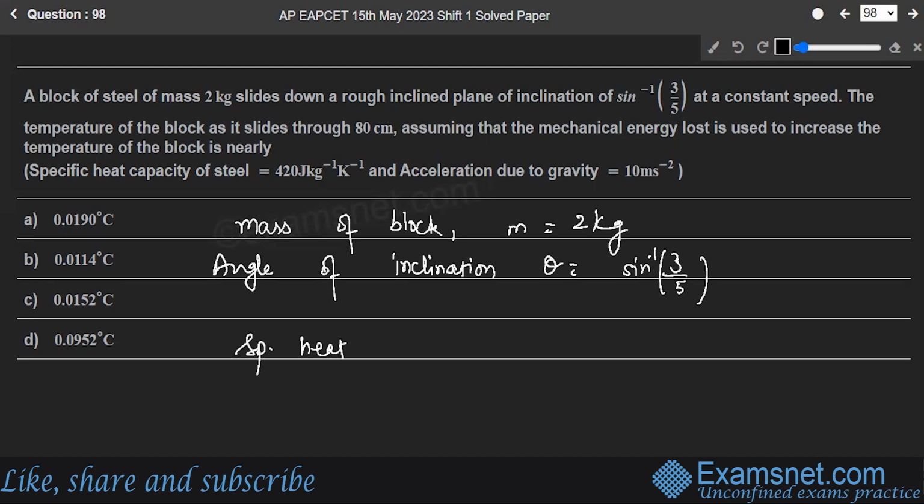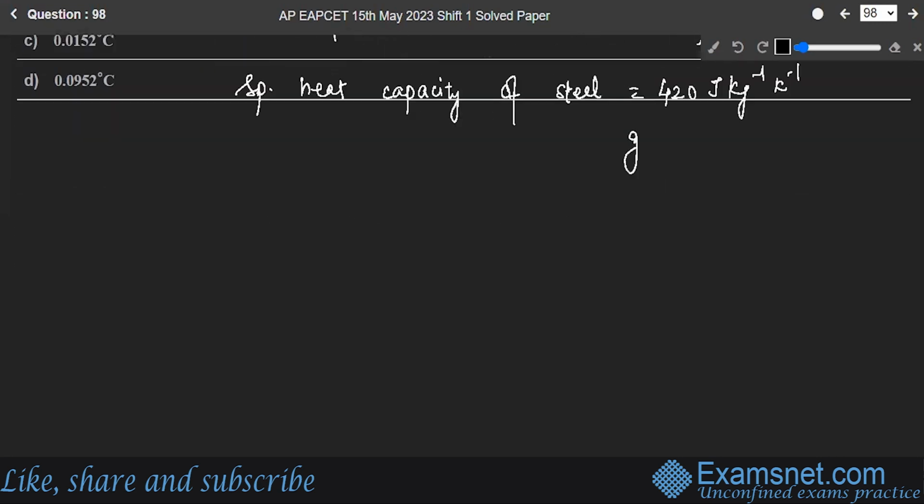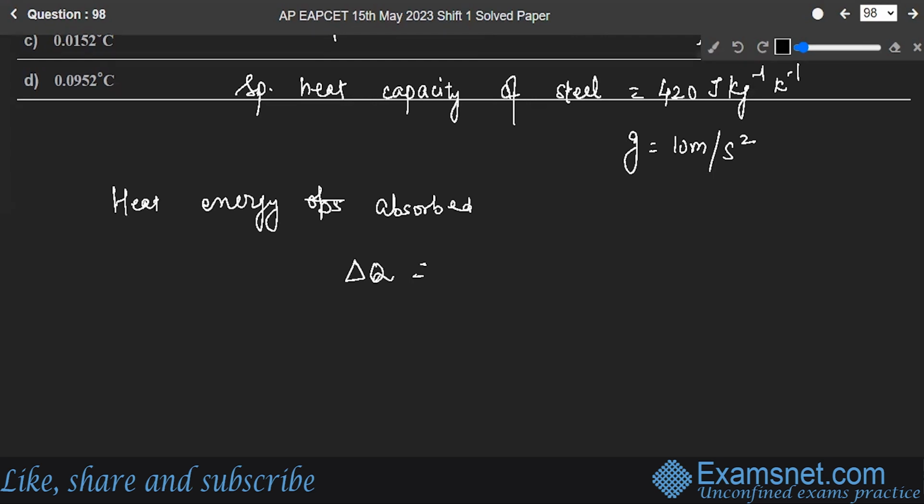Specific heat capacity of steel is 420 joules per kg per Kelvin. Acceleration due to gravity is this. Now, heat energy absorbed is given by delta Q is equal to M into C into change in temperature.